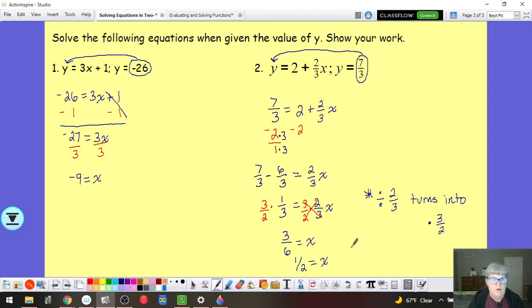And that is how you are going to be working all of your problems in your assignment for evaluating or solving equations with two variables given the value of one of the variables.